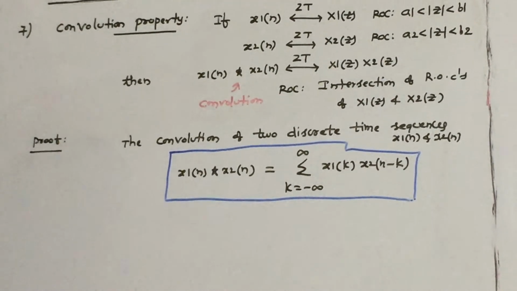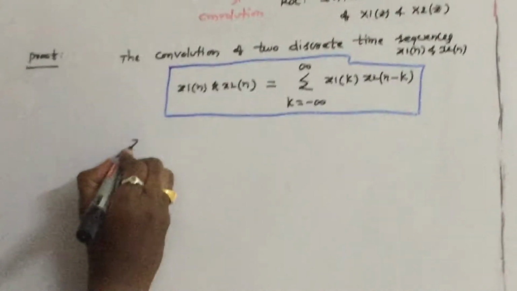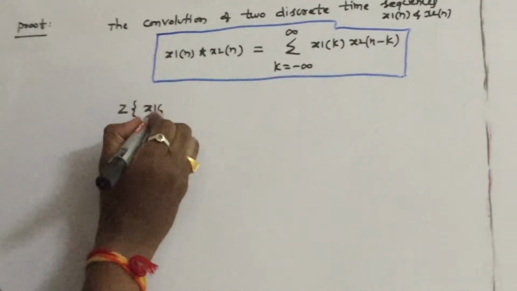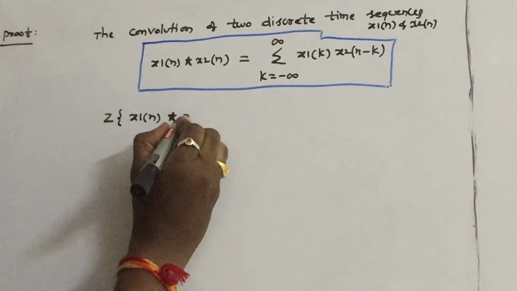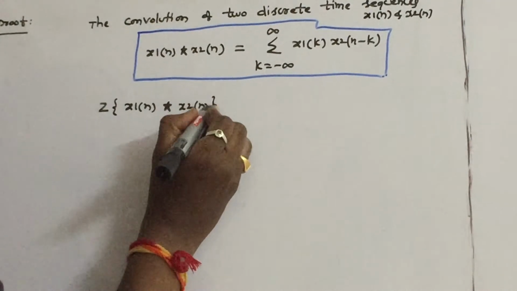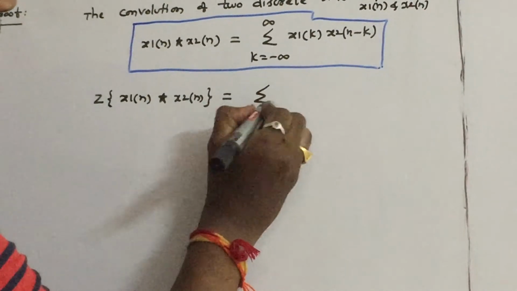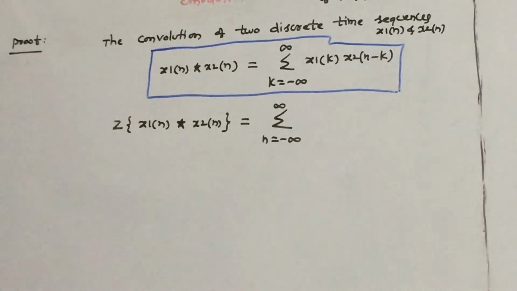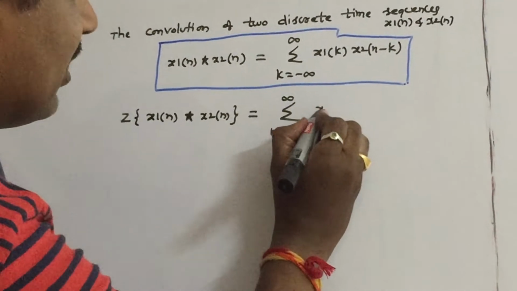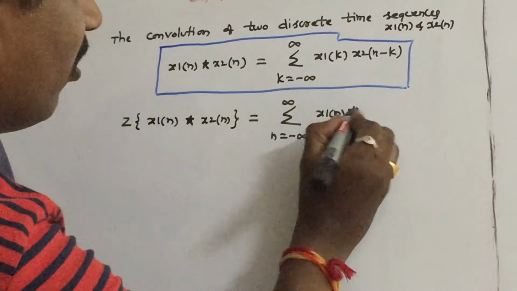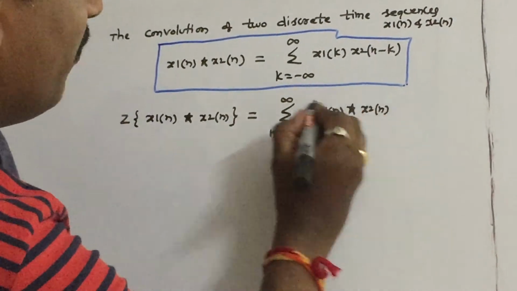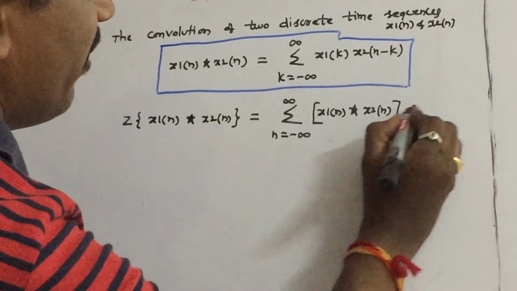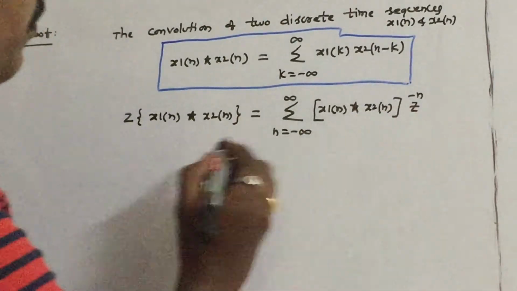So now what we want to find out is the Z transform of the convolution of two sequences. So that is the Z transform of x1 of n convolution with x2 of n. So let us substitute in the two-sided Z transform definition, summation n equal to minus infinity to infinity, x1 of n convolution with x2 of n, into z power minus n.